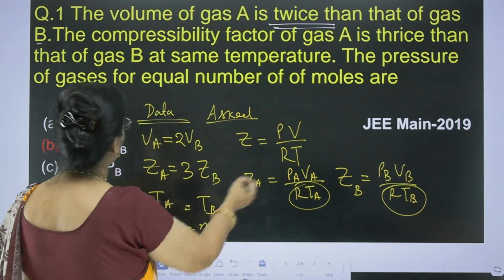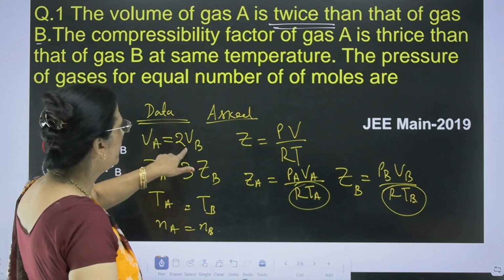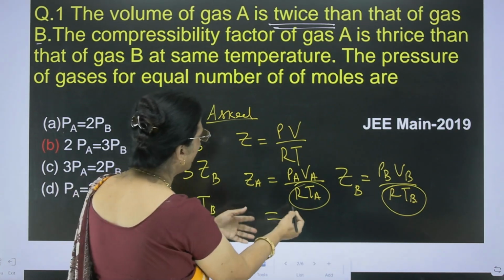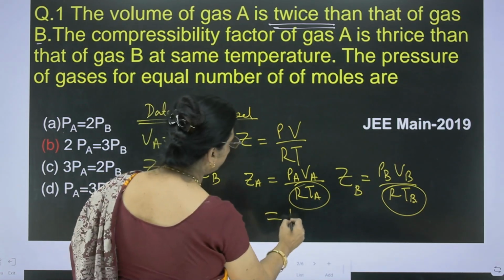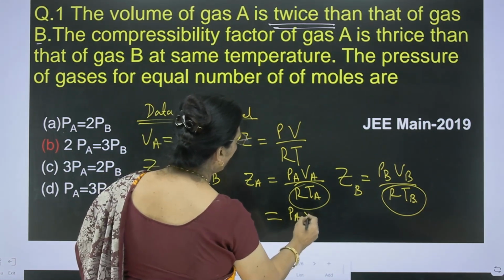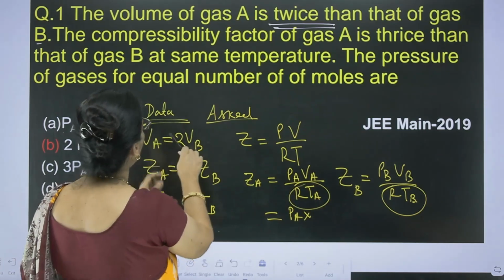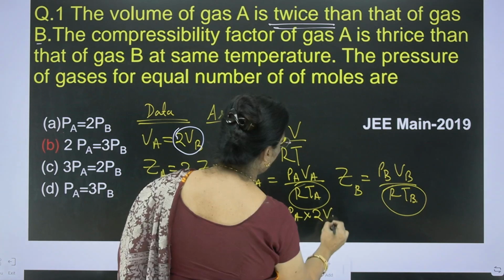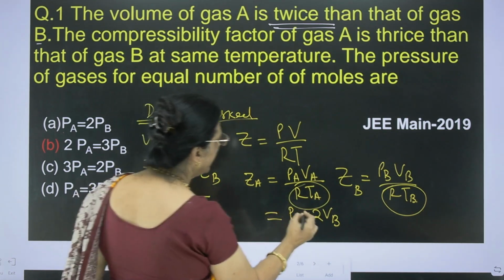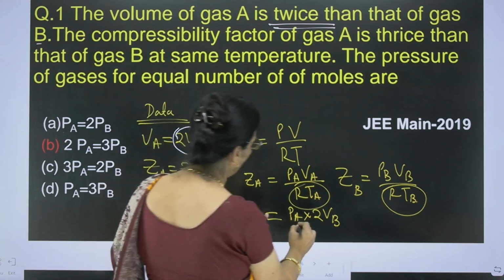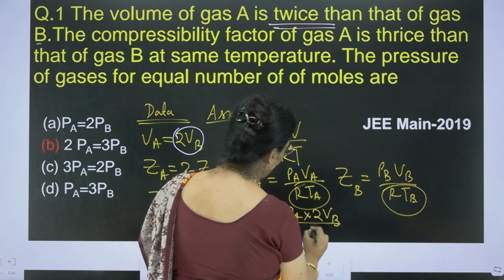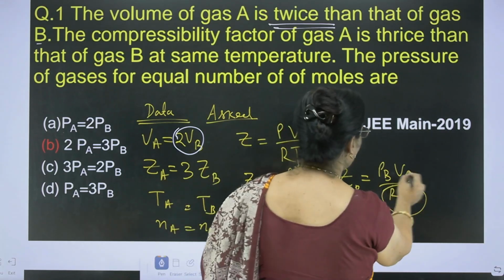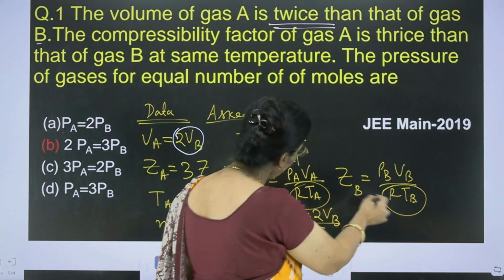Now put in the relation VA = 2VB. So ZA = PA × 2VB/RT, this is your ZA. Now ZB will be PBVB/RT as before.